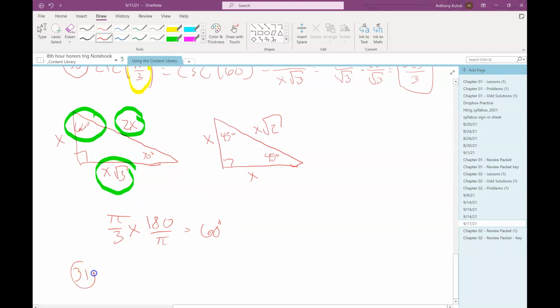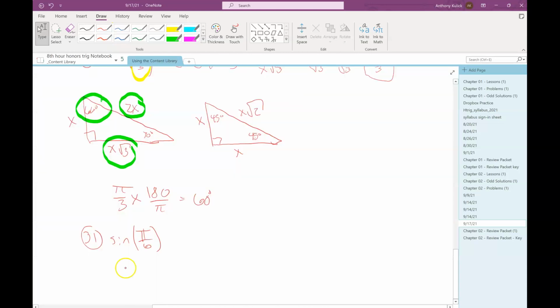So 31 is sine of pi over 6. So again, I'm not going to redraw the triangles over here because I have them just above. I'm just going to use that again. So I'm just going to first start by converting pi over 6 into degrees, right?